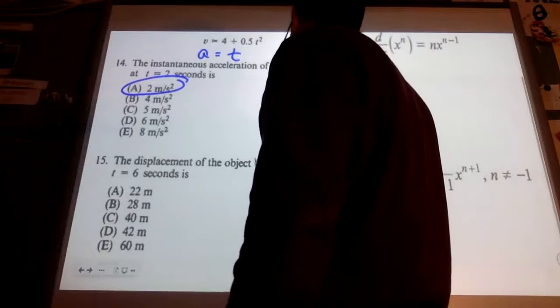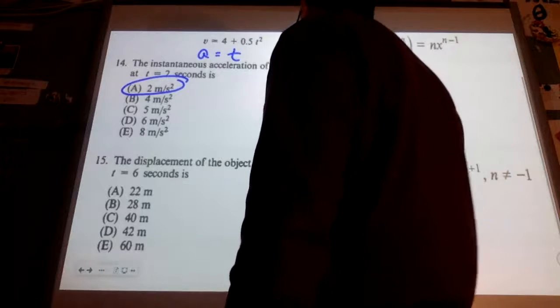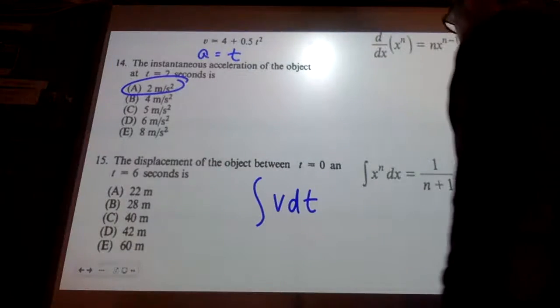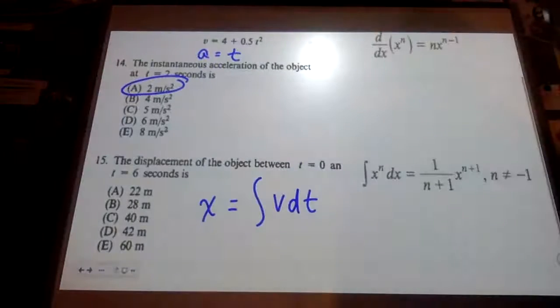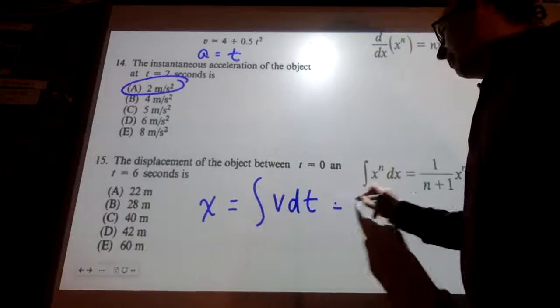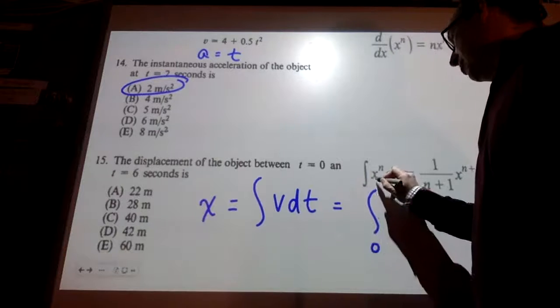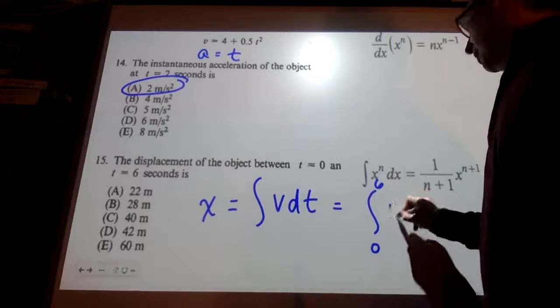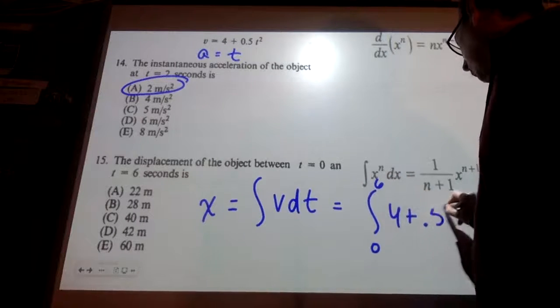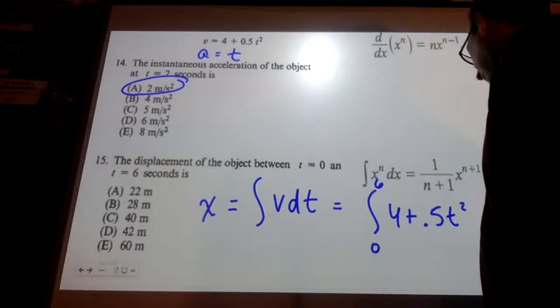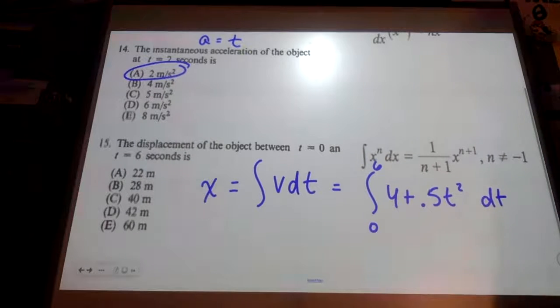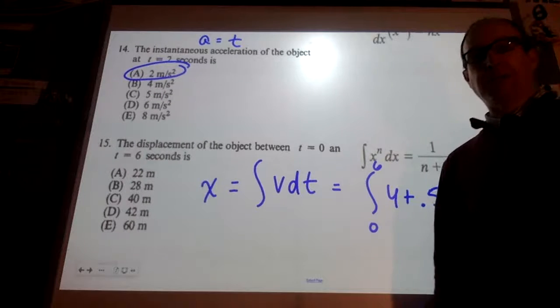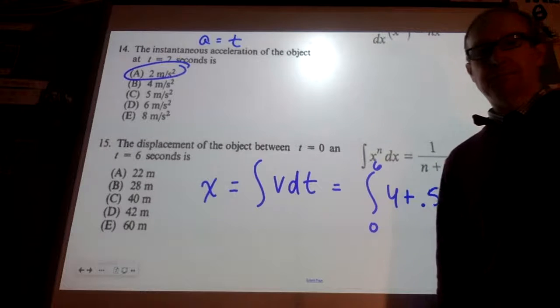So we want to take the integral of velocity with respect to time, and this is going to give us our x. And so I would write this as the integral from 0 to 6 of 4 plus 0.5 t squared dt. And you guys are going to be a lot more particular with your notation than I am.